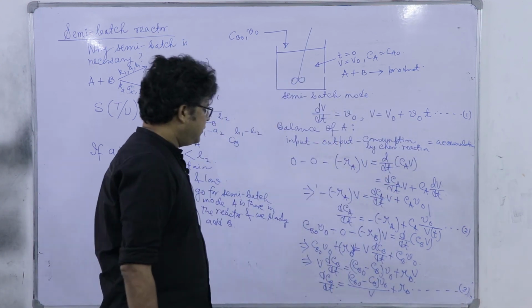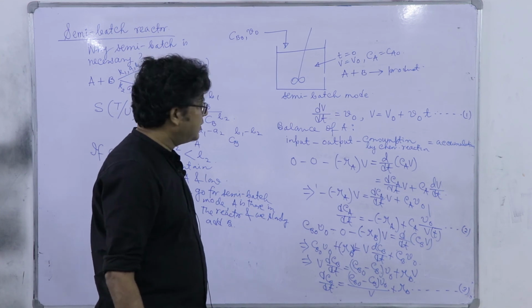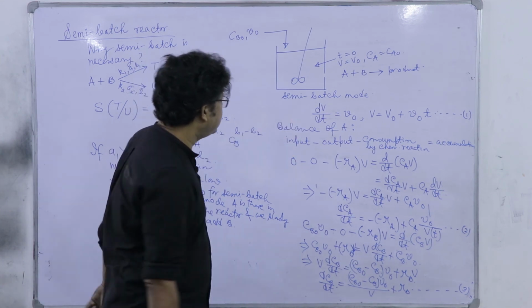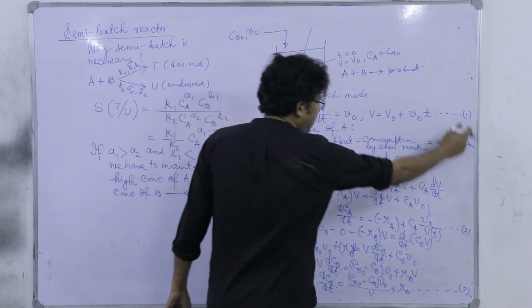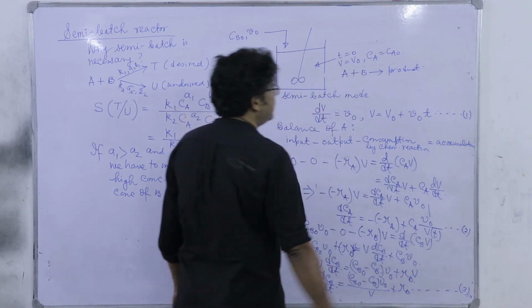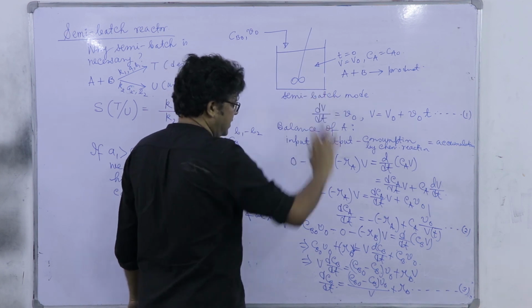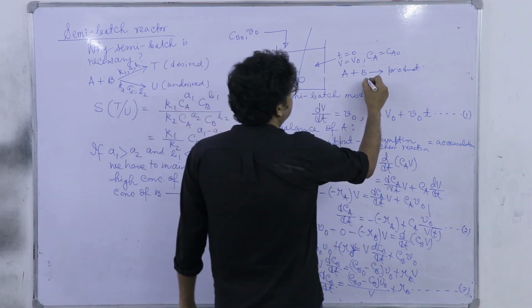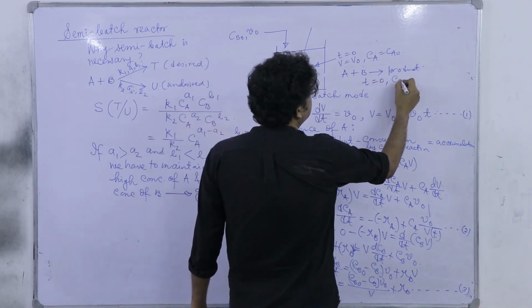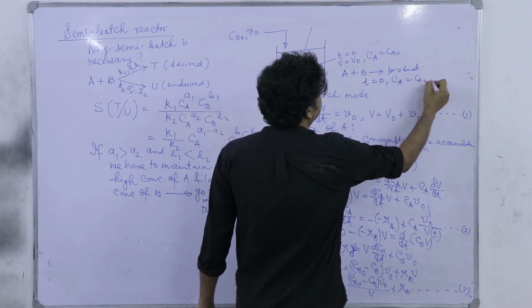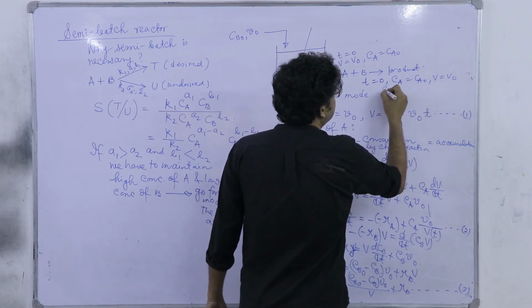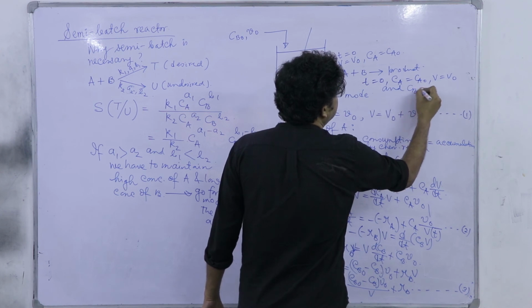So, initially you see Cb equal to 0, Ca equal to, so what will be the initial condition? These 3 are the outcome. This is a directly solved equation, otherwise we can take it directly. Okay. So, at t equal to 0, Ca equal to Ca naught, V equal to V naught and Cb is equal to 0.